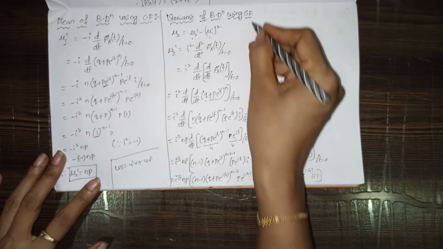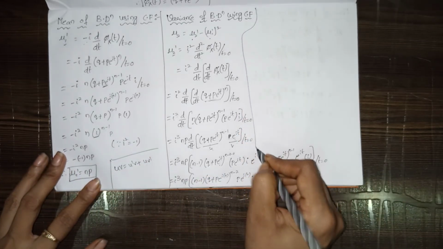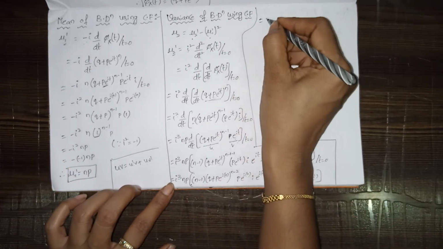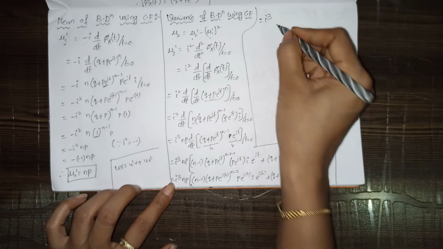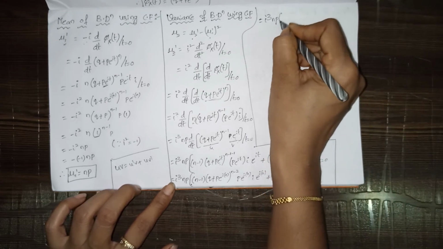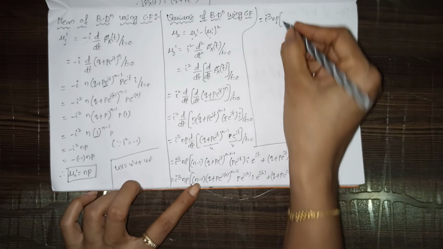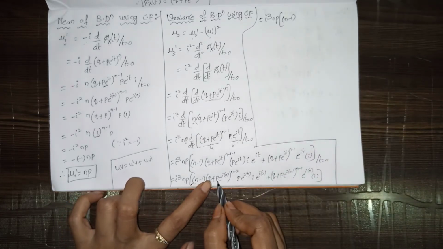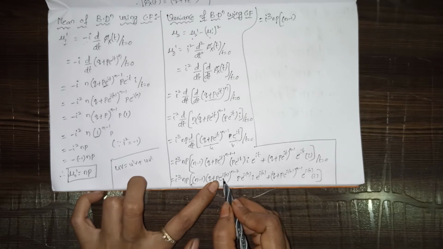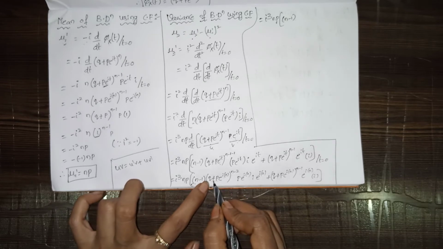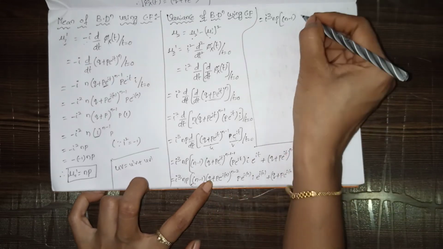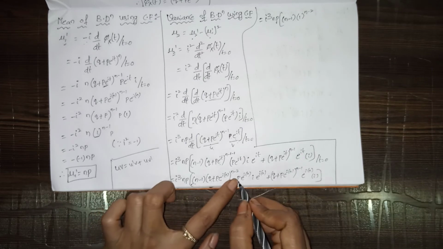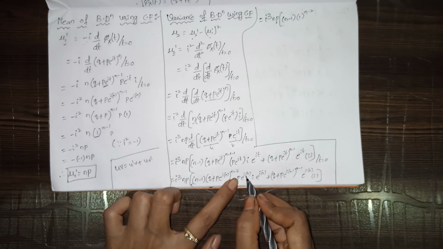So now here, i cube into np into n minus 1. Here see, q plus p e power 0 we will get. e power 0 in the sense what? 1. q plus p in the sense 1. So 1 to the power of n minus 2 we will get in place of this. So p into e power 0, e power 0 is 1.